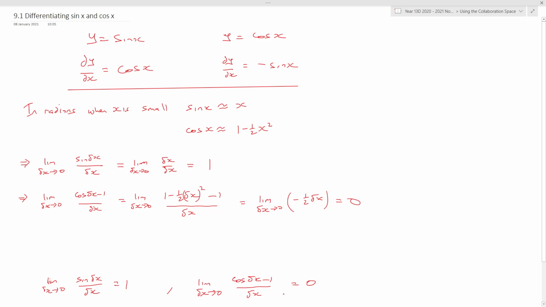So we're going to need those two facts. So hit pause now, copy these down, and we'll look at first principles.